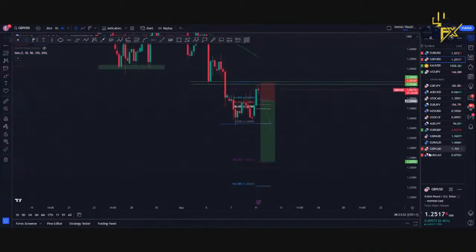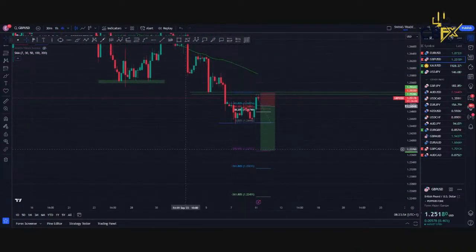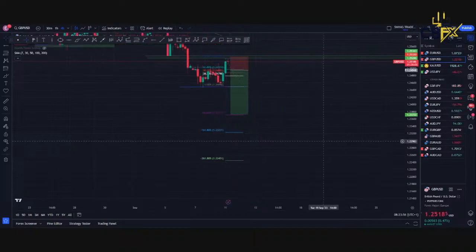On the 4-hour time frame, remember, if you watch my weekly analysis, I told you this is GBPUSD, guys. I told you that I will be looking at price getting to 1.24 on a sell because overall trend will end at 1.245, on the 1.24 psychological level, which is around here.